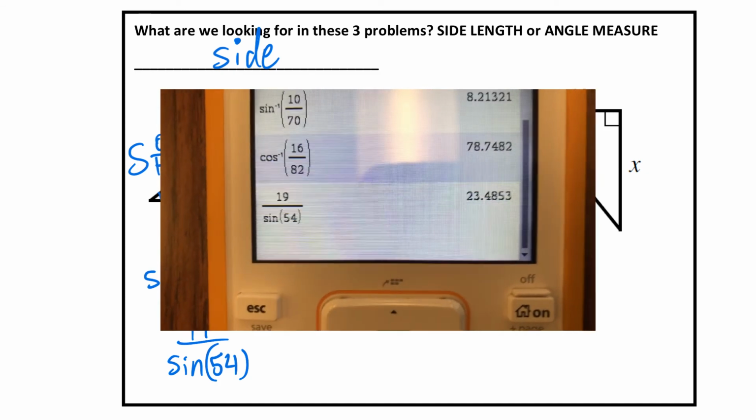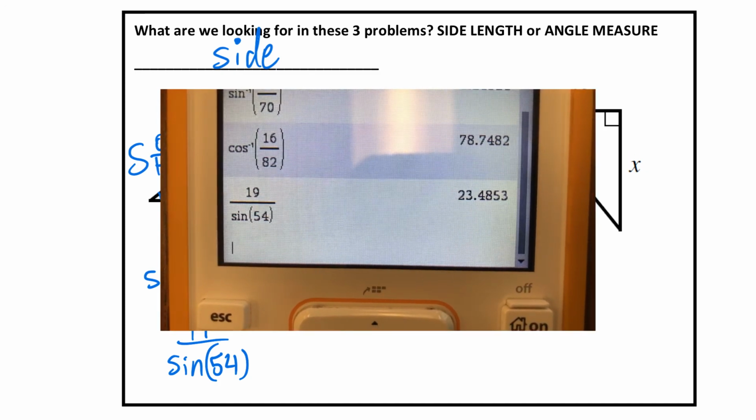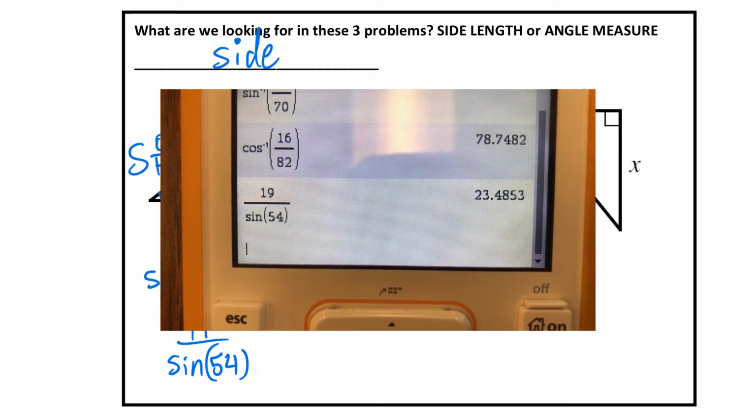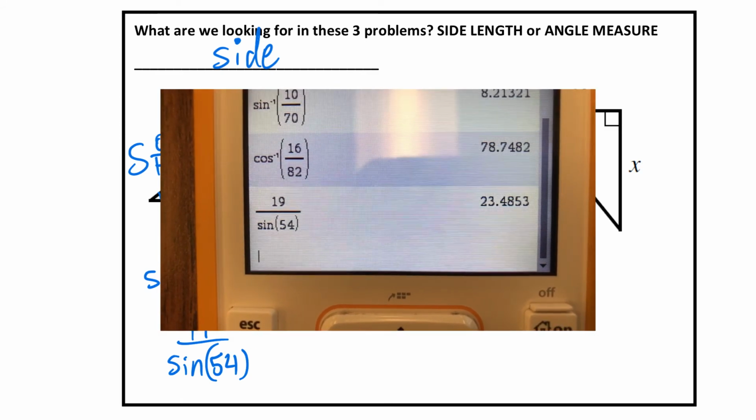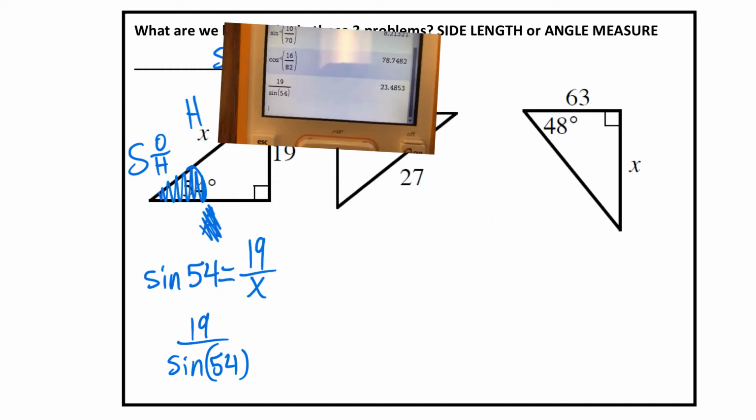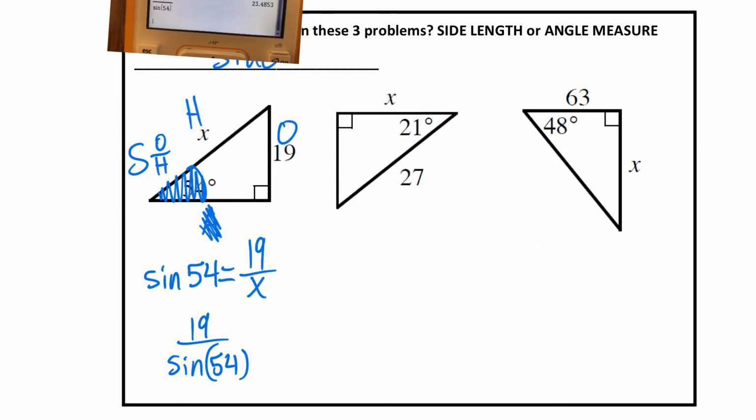So 19 divided by the sine of 54, what's that going to be? 23.5, because that 8's going to round that 4 up. So that's going to make that about 23.5 whatever units.